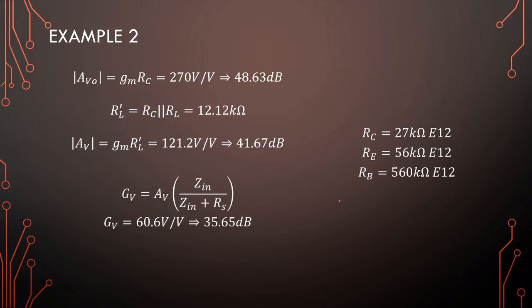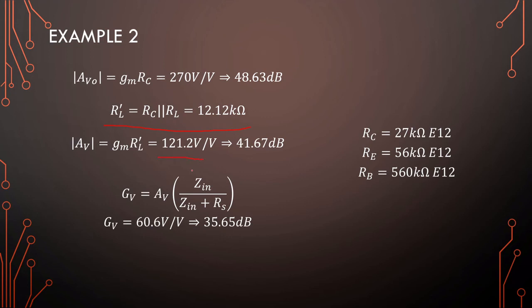Okay, doing checks. GMRC is 270 volts, 48.63 decibels. Calculating R load prime, you can also do this with a voltage divider method. It will be exactly the same. This is just for good practice. Gives 12.12 kilo ohms.